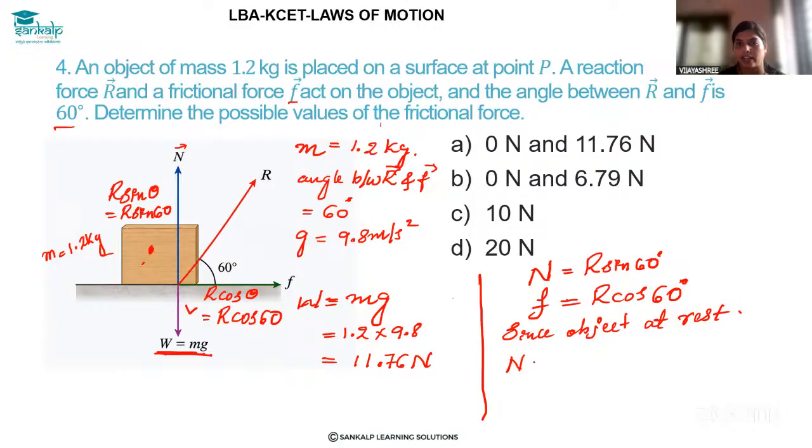So N is equal to W, which is 11.76. Therefore N is equal to R sin 60, and so what is R here?